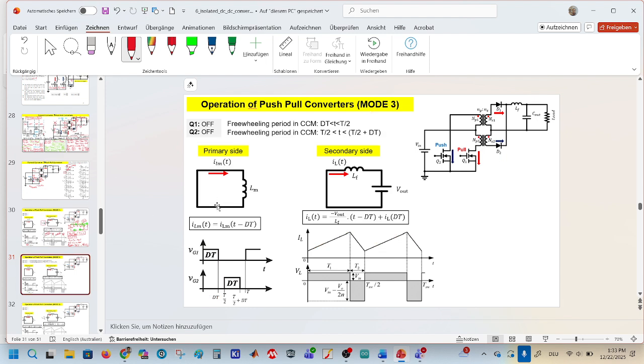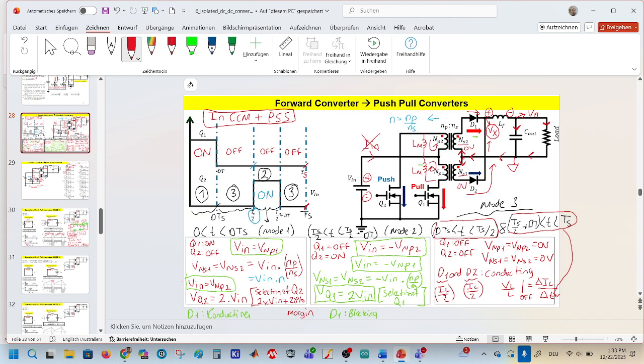So let's look at the third mode. It's a little bit complicated because there is no current flowing on the primary side, and the stored energy on the secondary side is... we defined here in the third mode that the primary side of the transformer and the secondary side have 0 volts.